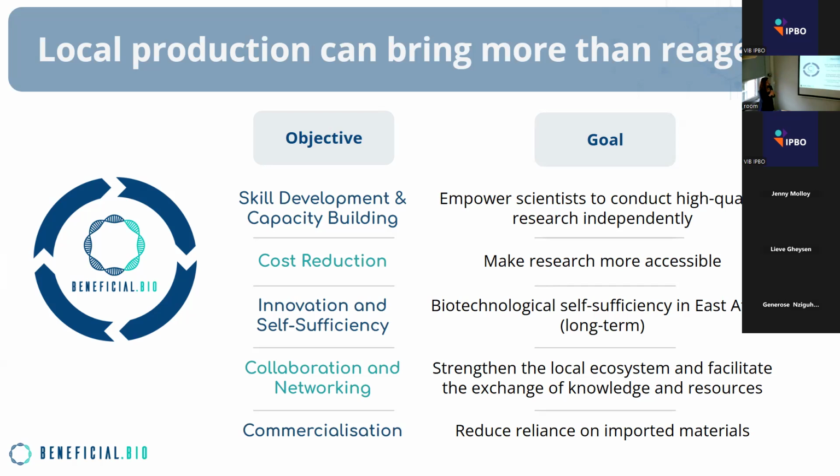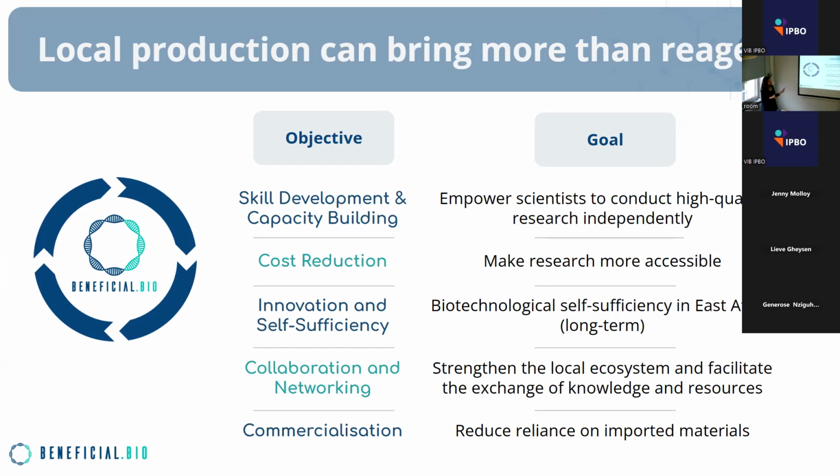So we've done quite a number of calculations in different countries, and we feel like for research use only reagents, it is possible to reduce the cost through local manufacturing. I'm saying research use only because if you look at the diagnostics market, it's a different matter. But that's because in diagnostics, a huge amount of the cost is regulation. It doesn't matter whether you're locally producing it or elsewhere, it has to go through regulatory processes.